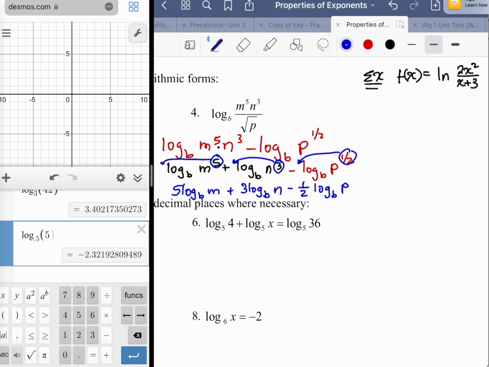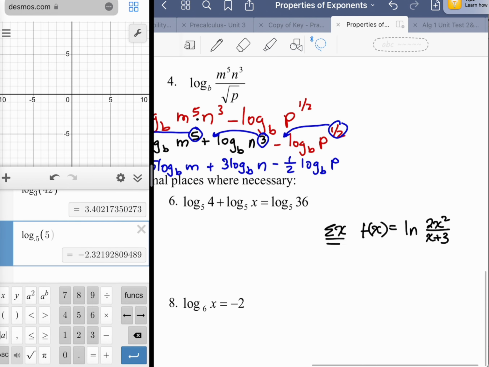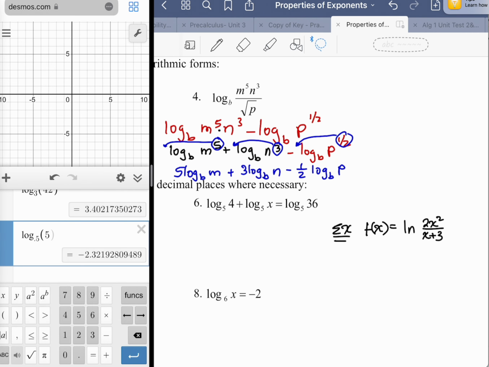So much cleaner. And again, the applications are pretty important for us because we have this function that I just made up on the fly here. But we're going to have to take derivatives of logarithms. I mean, we know how to take the derivatives involving exponentials, but taking the derivatives involving logarithms is only going to be as difficult as what is contained within the logarithm.